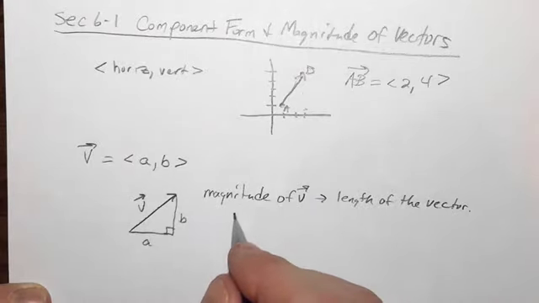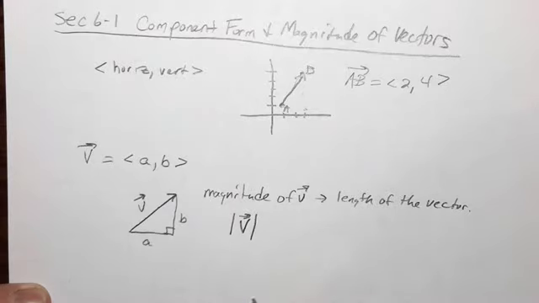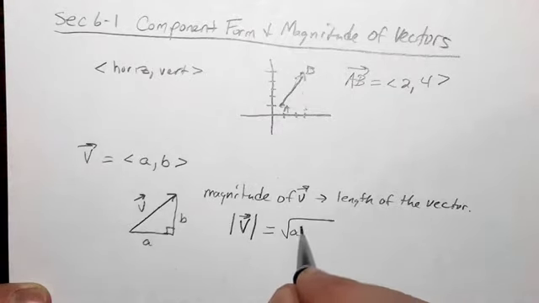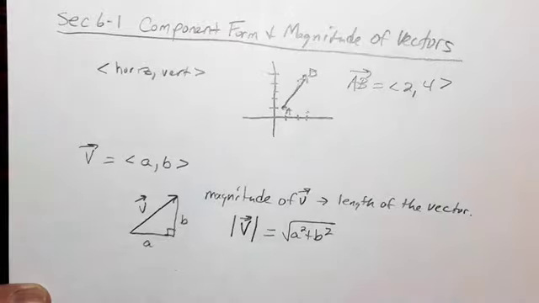Another notation that's used for the magnitude is the absolute value. Those are the same thing. There's no significance to that. It'll always come out to be a positive number. The magnitude is the square root of a squared plus b squared.